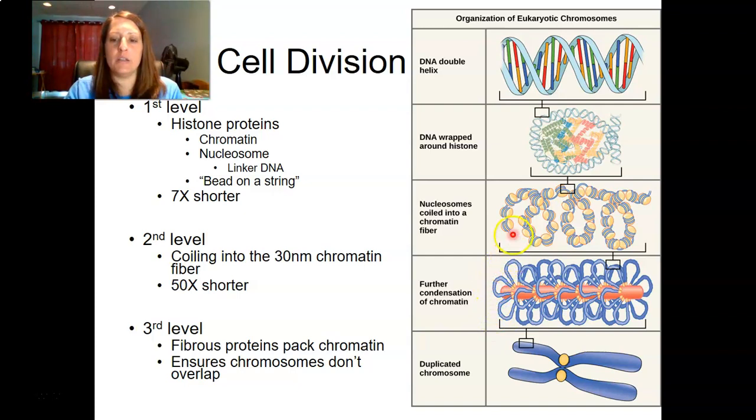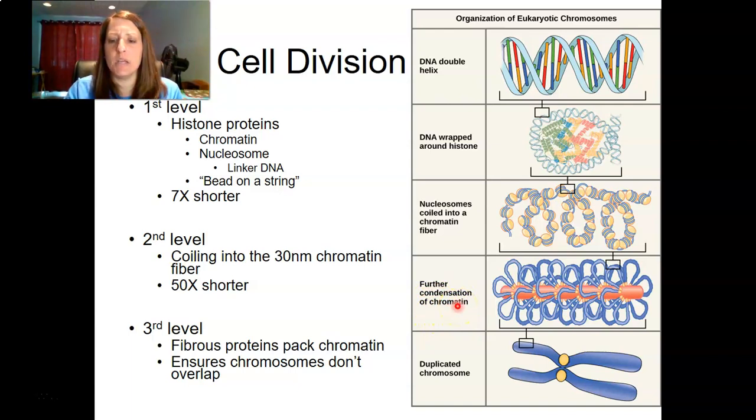So we take those beads on a string, that chromatin, and now we start to loop it and condense it even further around these proteins called, I don't know if the name is on here, condensin proteins.